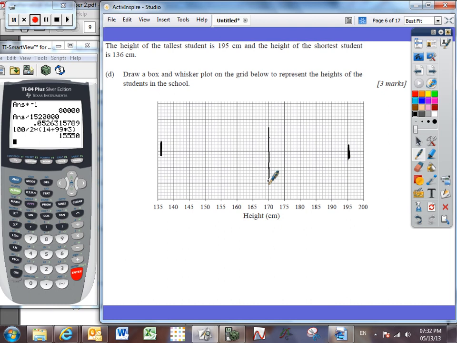And then I had an upper quartile at 172. That was my 75th percentile. And I had a lower quartile at 163. And I'll connect those lines to make a box. And then here are my whiskers out to my minimum and maximum.